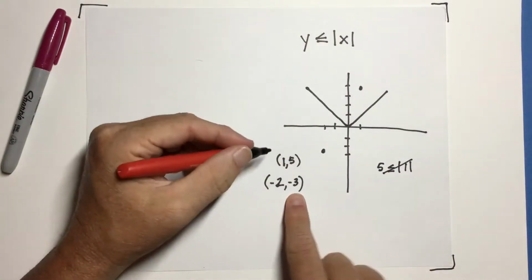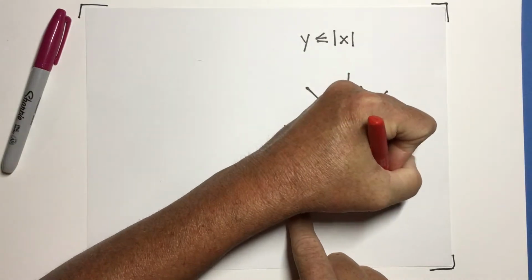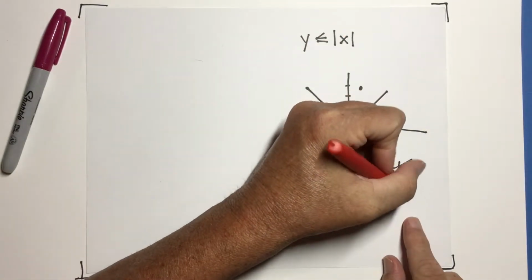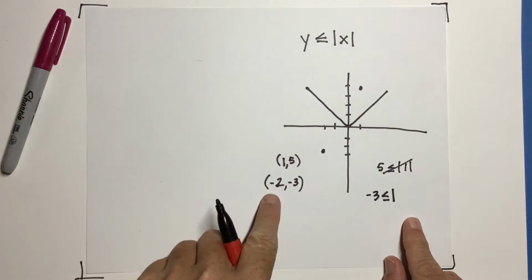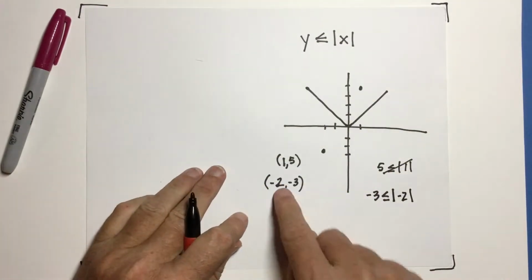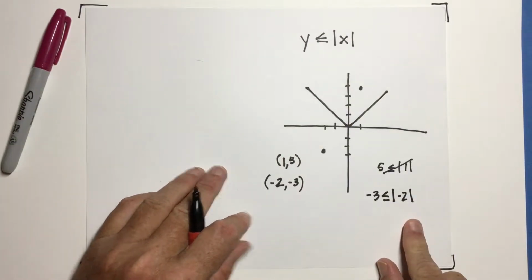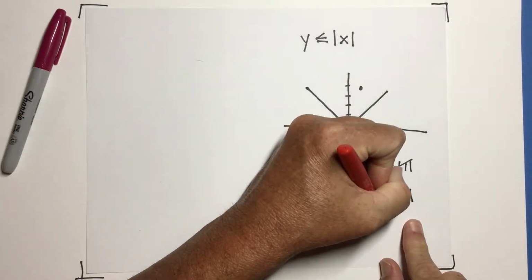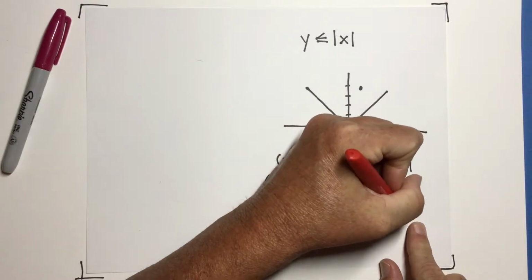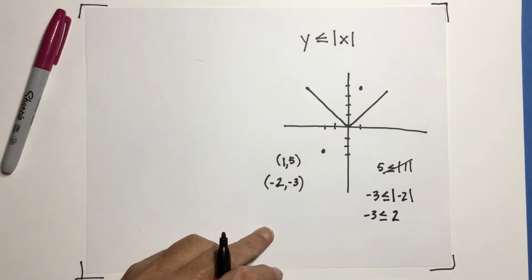So let's try this one. Is it true that y, minus 3, is less than or equal to the absolute value of minus 2? So again, there's my x value, there's my y value. Is this statement true? Well, sure it is, because minus 3 is indeed less than or equal to the absolute value of minus 2, which is 2. That is true.